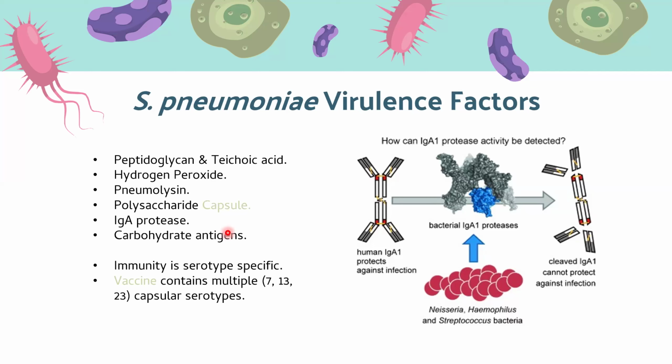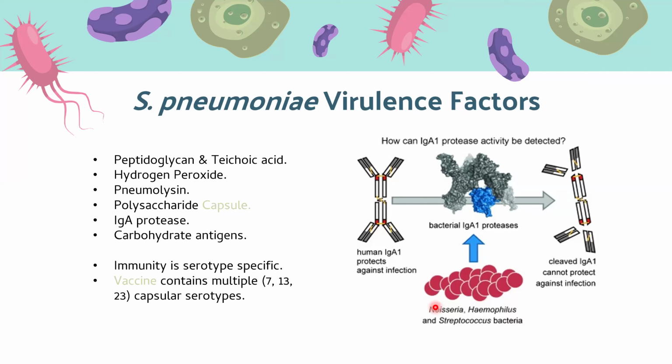We have an IgA protease, and that's important because IgA protease positive bacteria cleave IgA and break it down. And where is IgA most present? Mucosal membranes, right? So strep pneumo, if it wants to infect the lungs, has to bypass all of that huge meshwork of IgA within the mucosal membranes to get all the way down to the lungs.